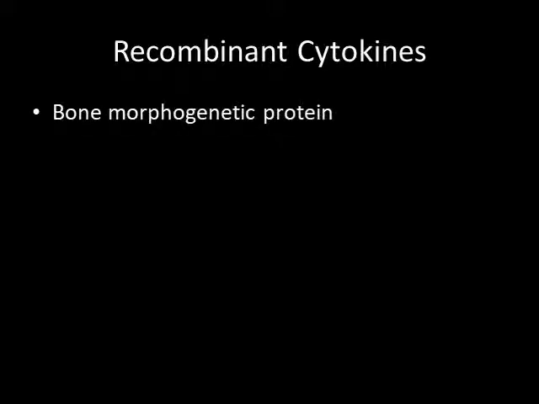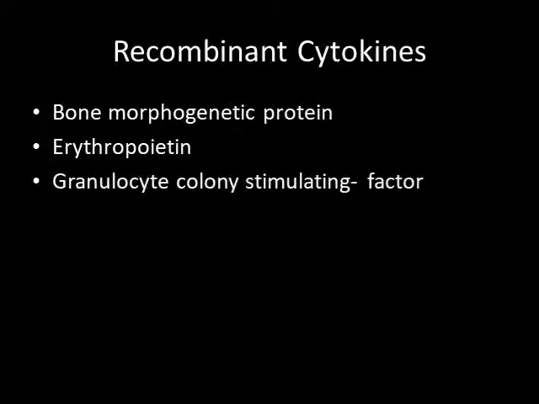Over the years, some cytokines have been developed into protein therapeutics using recombinant DNA technology, and this would include your bone morphogenetic protein used to treat bone-related conditions, erythropoietin or EPO used to treat anemia, and granulocyte colony stimulating factor used to treat neutropenia and in cancer patients, interferon alpha and beta used to treat multiple sclerosis, and several more others.